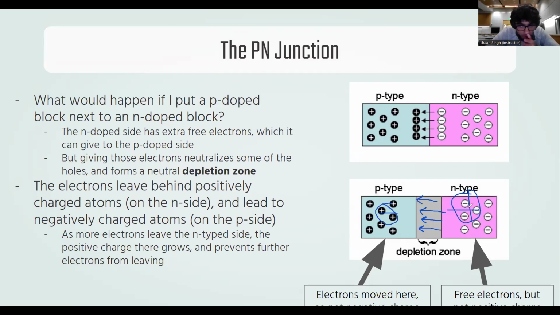Since we have a net positive charge here, that's going to try to keep pulling the electrons back in. And so eventually, this depletion zone will grow to a size after which it can't grow anymore. Because this positive charge keeps growing, and so it's going to keep pulling those negative charges back in. In the same way, this negative charge keeps growing, and so it's going to keep pulling those positive charges that are trying to leave back in.